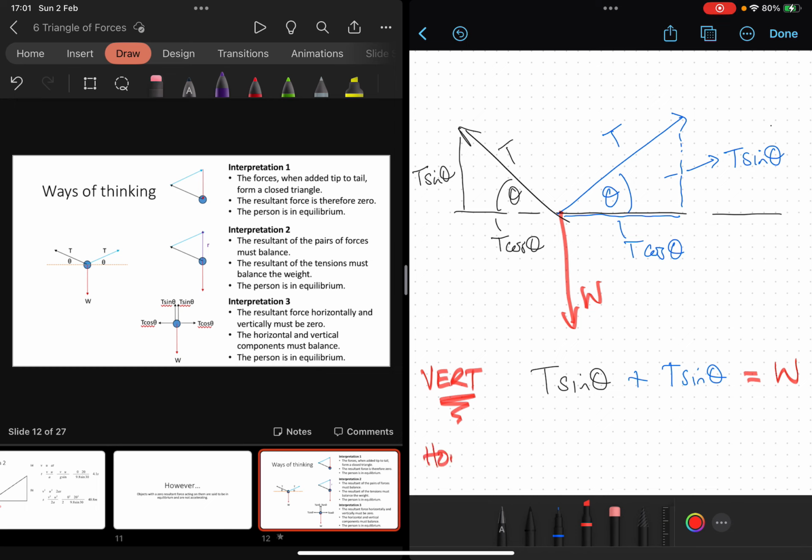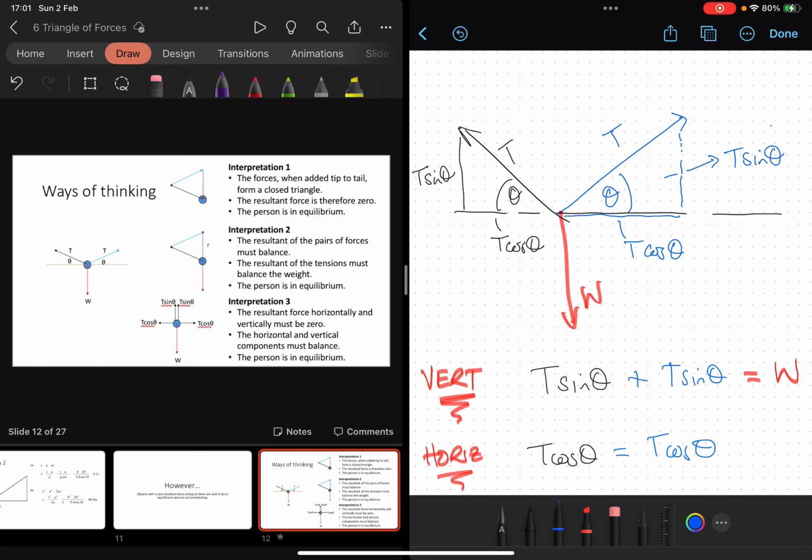And similarly, I can consider life from a horizontal perspective, and I can say that horizontally, T cos theta and T cos theta are equal to each other. Okay, and I'm not going to reference weight here at all because horizontally, there is no component of weight.